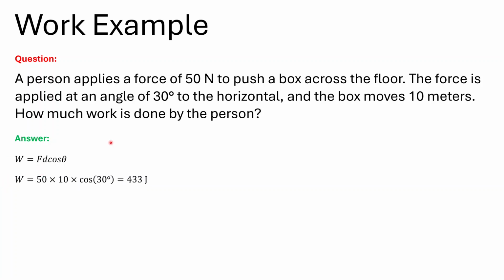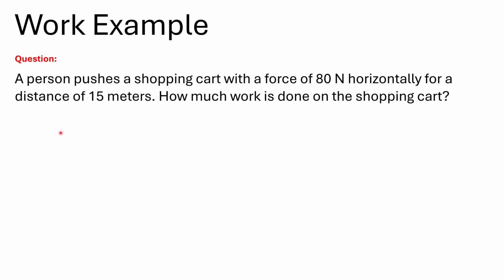So as we plug in the numbers, we know that the force applied was 50 newtons, displacement was 10 meters, multiplied by cosine theta, and the question says that the angle of the force applied to the horizontal is 30 degrees. So you multiply that by cosine 30, and finally we get the answer as 433 joules.